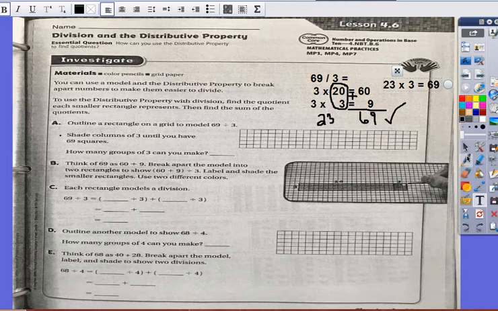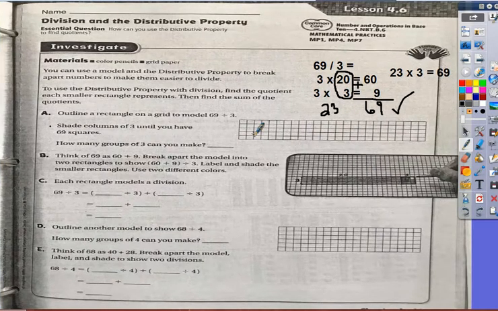So I'm going to count 23 in one way: 1, 2, 3, and then 4, 5, 6, 7, 8, 9, 10, 11, 12, 13, 14, 15, 16, 17, 18, 19, 20, 21, 22, 23.